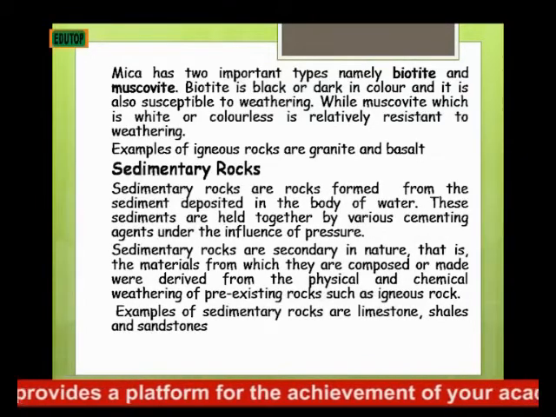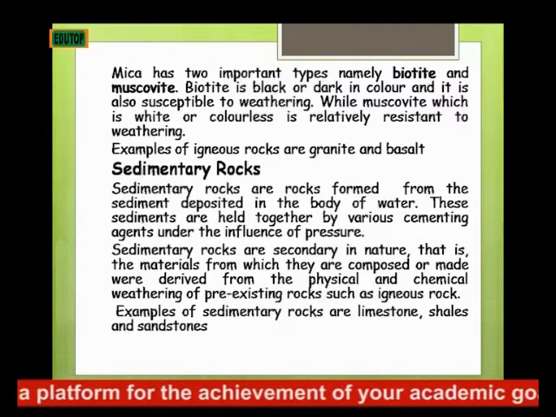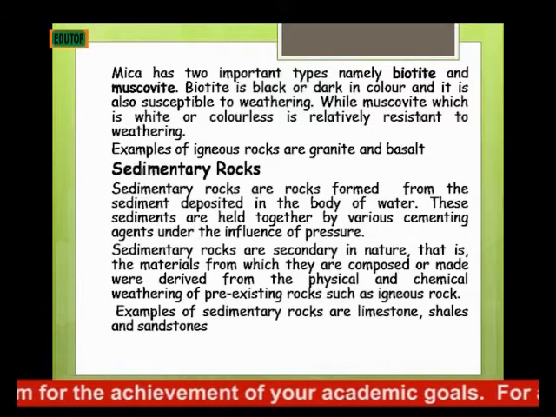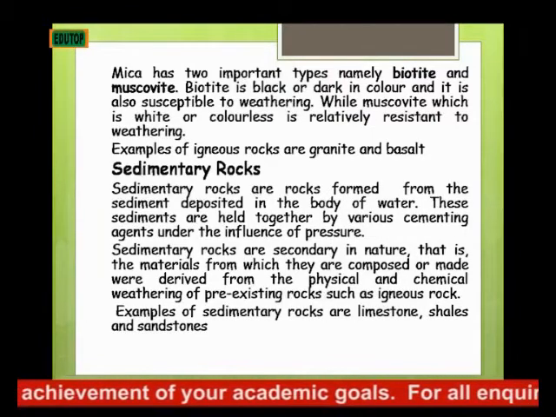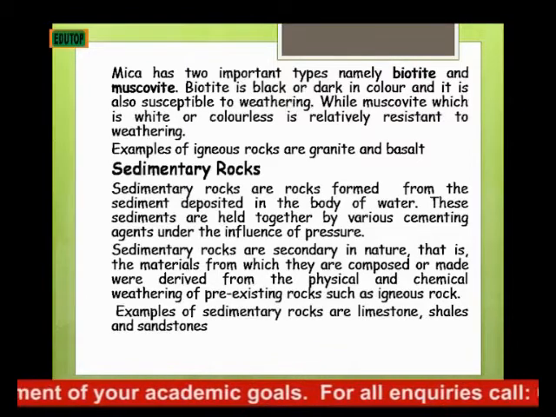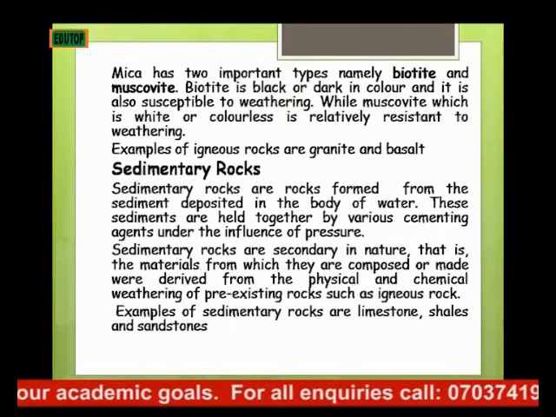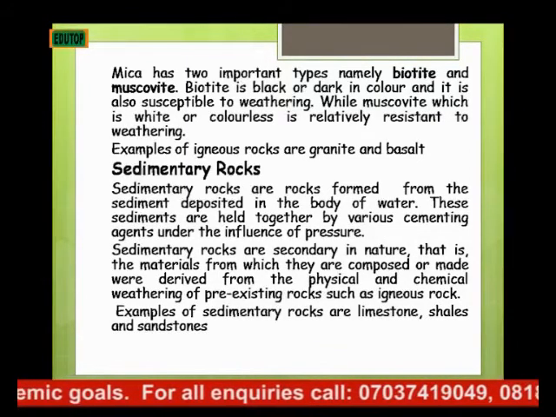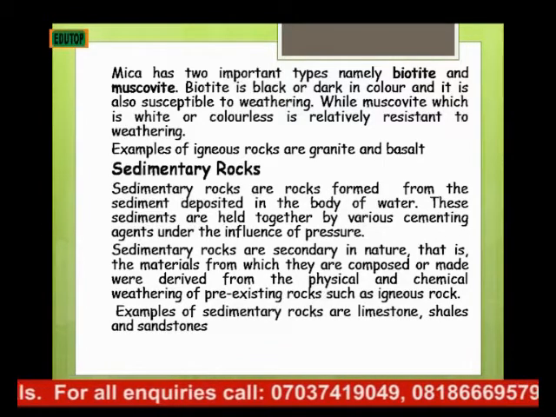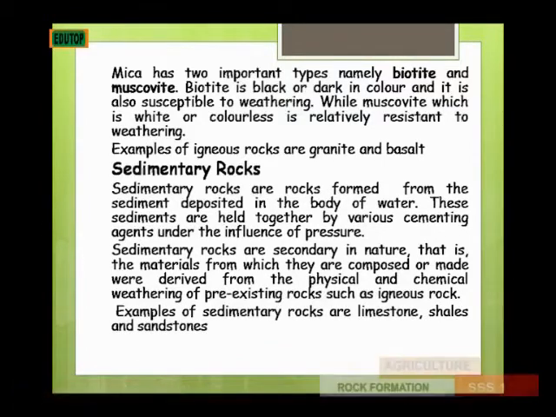That makes igneous rock primary, while sedimentary rocks, which are formed from previous material, are known as secondary in nature.